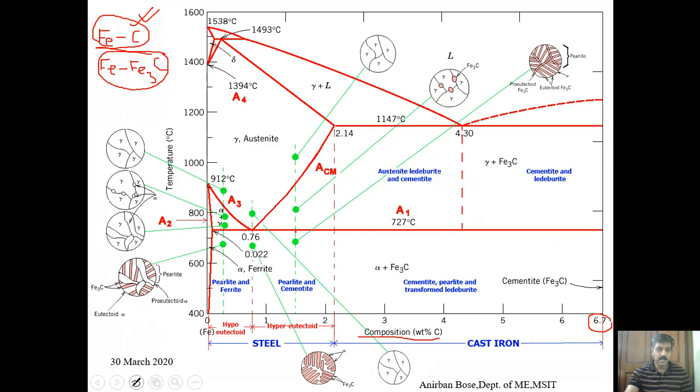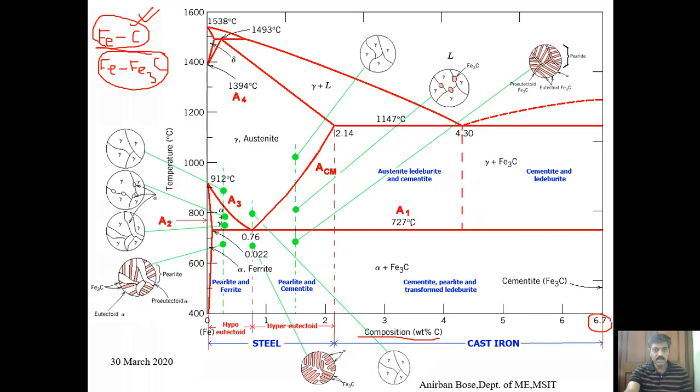And if you remember the example with which we started this lecture, magnesium and lead, one intermetallic primary phase was present at a composition of 80% lead.